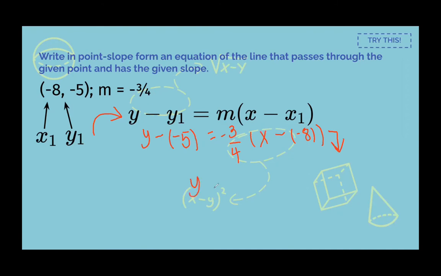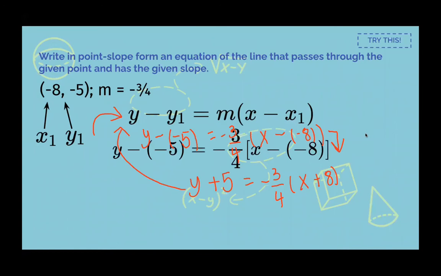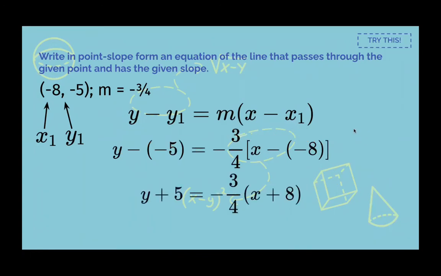So in point slope form, I have y plus 5 equals -3/4 times x plus 8. Now that we no longer have anything that we can possibly simplify and still adhere to point slope format, we know that we have our final equation, which would be y plus 5 equals -3/4 times x plus 8.